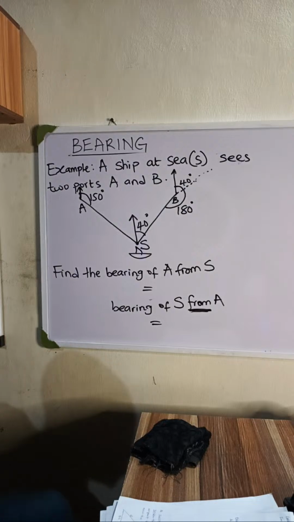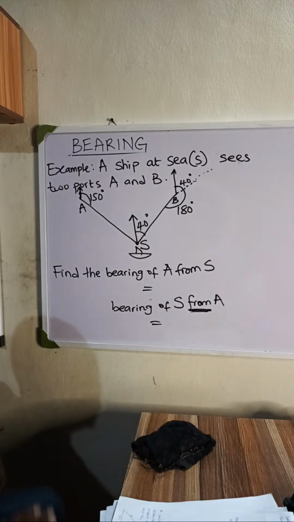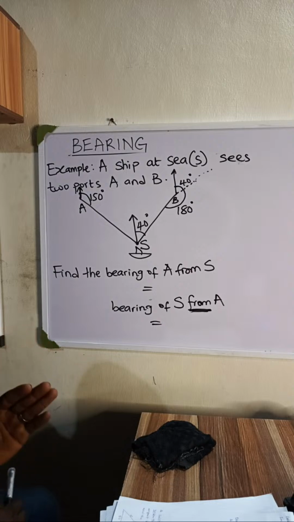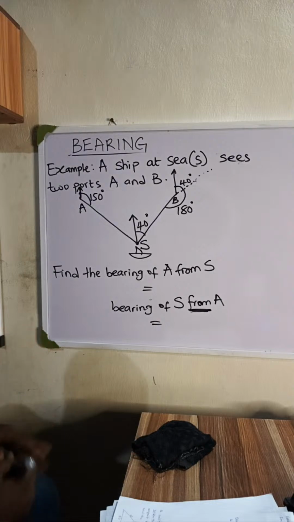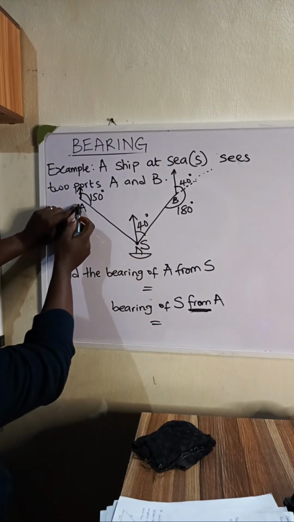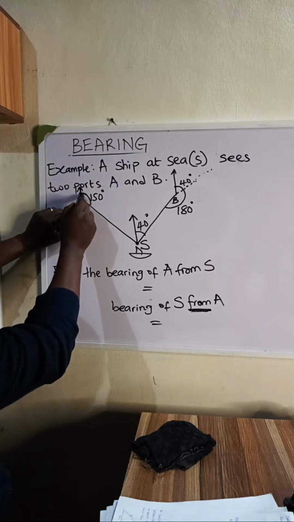Okay, let's look at the correction. Now, let's look at the first one. The first one is S from A. S from A is given already. S from A means you're starting from A, and the direction of S from A is already given as 150 degrees.